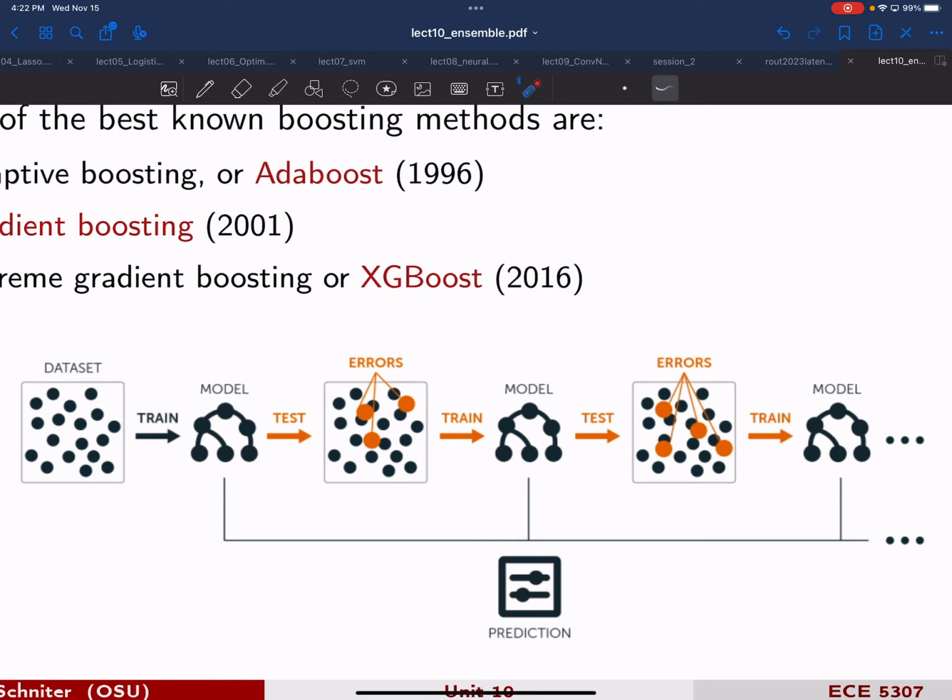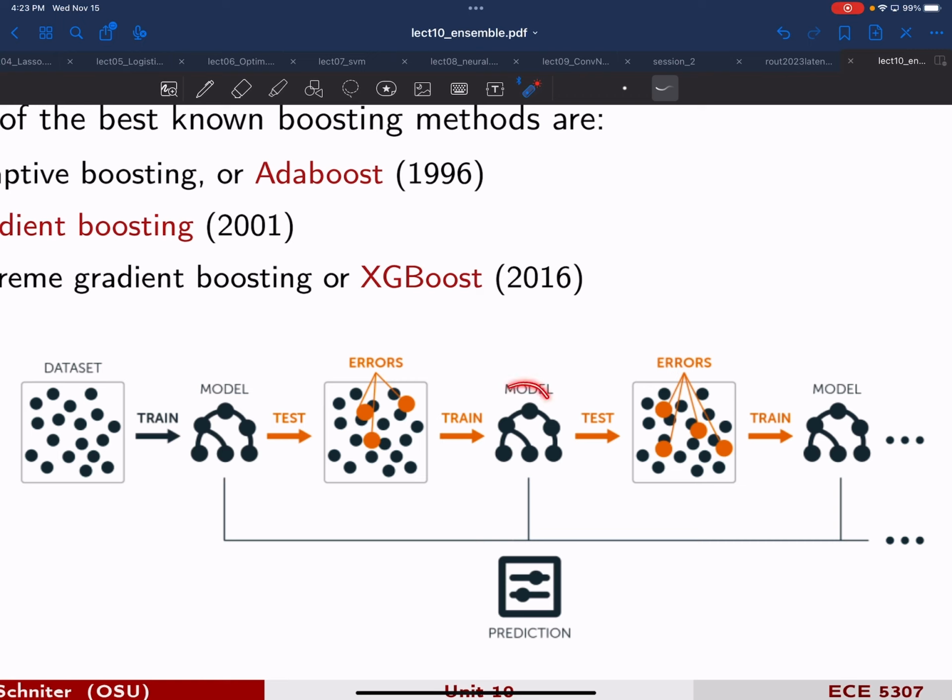there's different variations on this, but basically what you can do is you can change the loss function the next time you train to put more weight on the places where you made an error. And so this next tree is going to be sort of trying harder where the first one didn't do so well. And that might mean that it might do great on the error samples, but then maybe it does worse on some other samples.